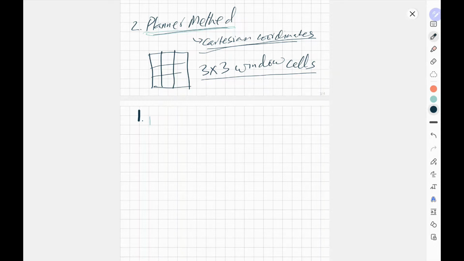It is known as the 4 nearest cell method.